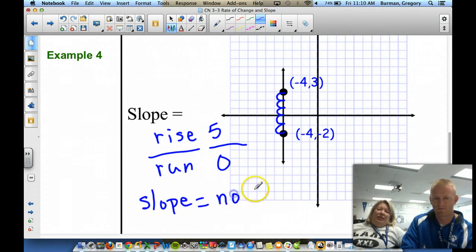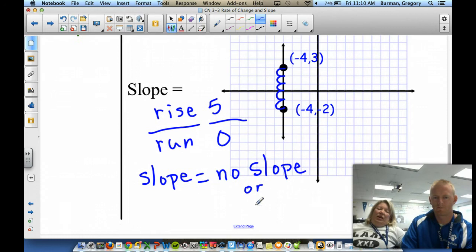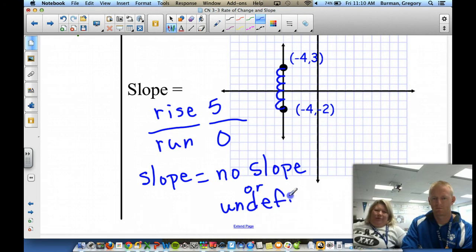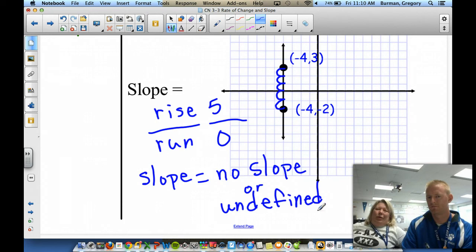I cannot divide a fraction by 0, so this thing is no slope. It's like slope is a line that you can walk on or climb on, but I can't walk on this line. It's like walking into a wall. Unless I'm Spider-Man, I'm not going to be able to walk on this line.